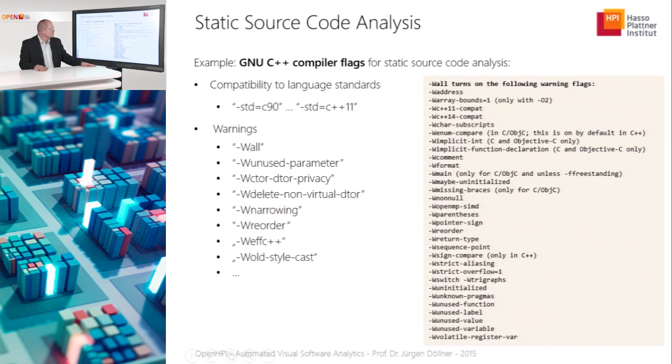In the same way, compilers and even interpreters can give you this kind of warning in the sense of static source code analysis. It's a valuable tool, and it's already out there, so make sure that you actually take advantage of these features compilers and integrated development environments offer us.